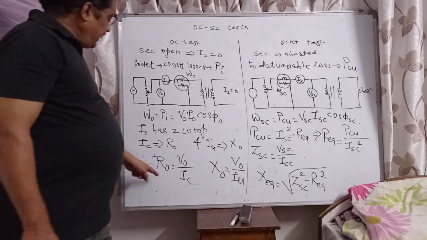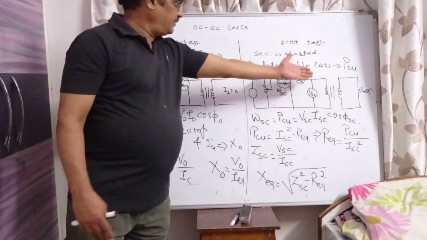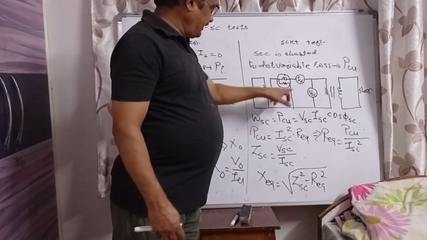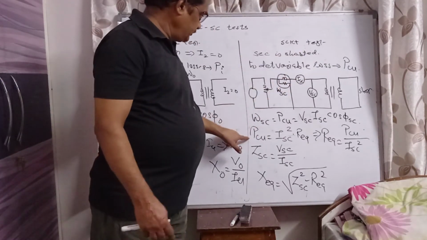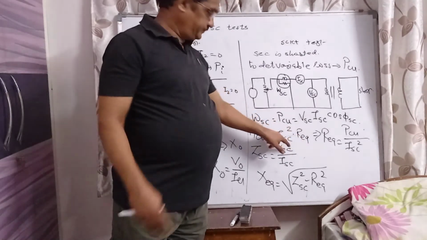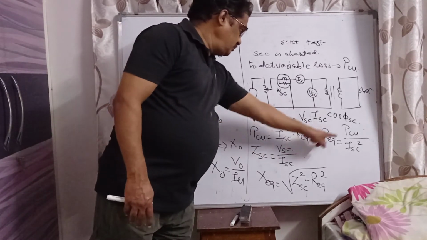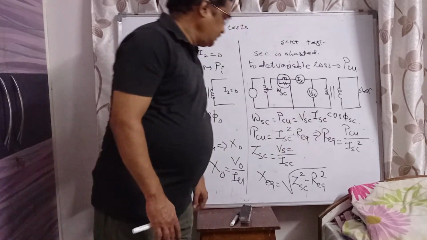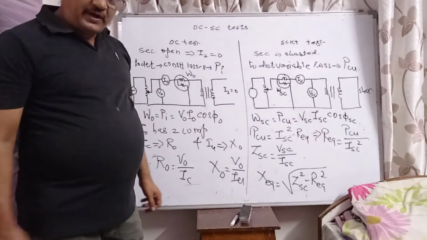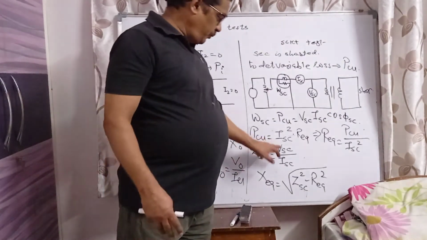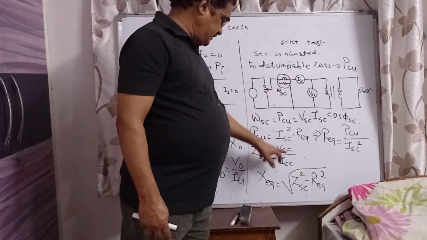And R equivalent and X equivalent are calculated by the short circuit test. So for copper loss, this meter will indicate the reading PCU, which is ISC square R. So R equivalent will be PCU upon ISC square. Now we have to calculate X equivalent. ZSC, impedance Z, we know that it is V upon I. So VSC upon ISC is ZSC.